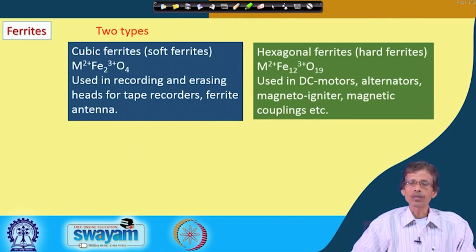Then alternators we can make out of this hexagonal ferrite material. Then magnetoigniters and magnetocouplings.